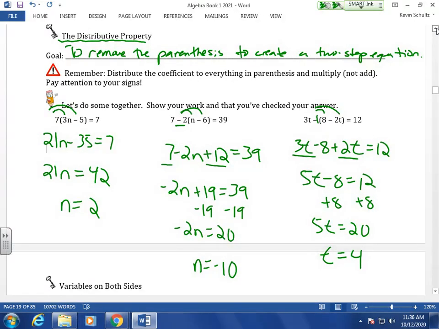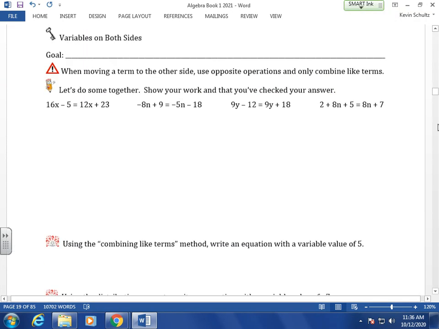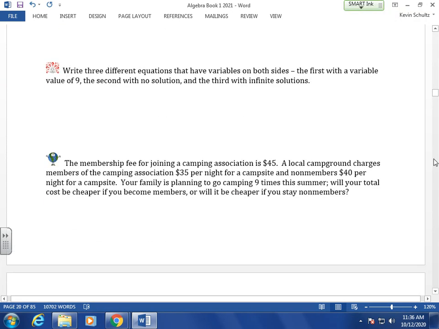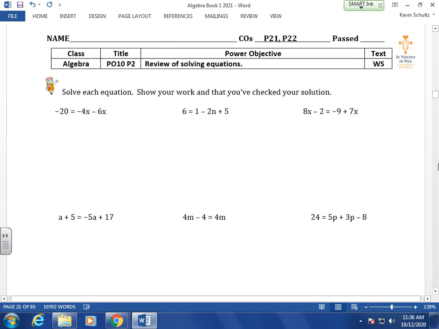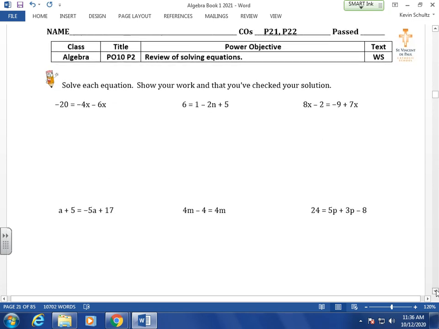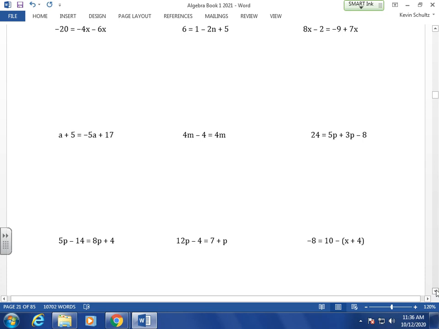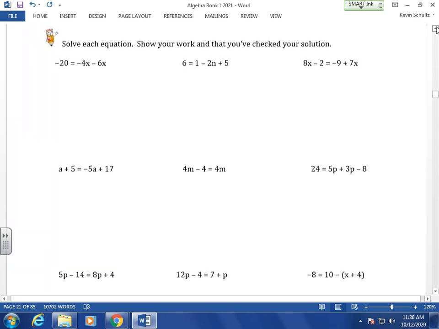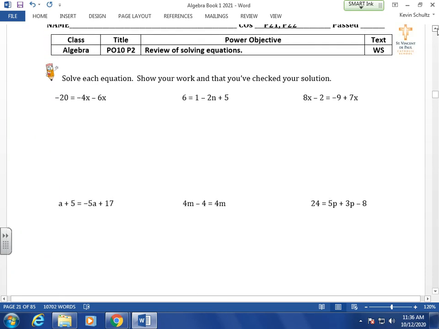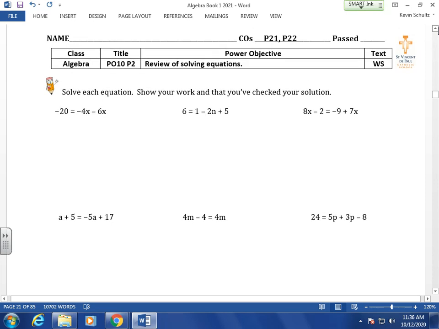Your homework for tomorrow, it's going to be fairly light, I think. It's going to be 7 questions. If you flip a couple pages, you'll get to PO10 Part 2 here. We'll get to variables on both sides tomorrow. Okay.